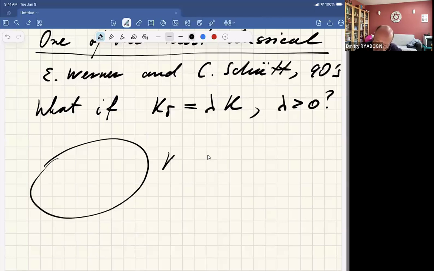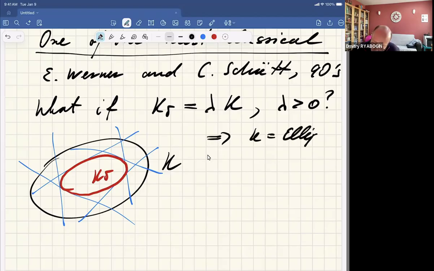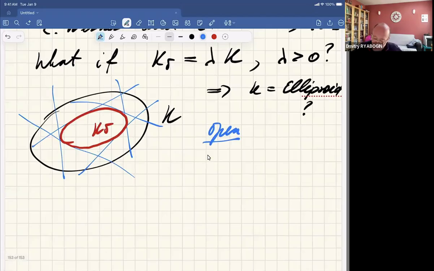So this is K. You chopped off these waters, and then you took the envelope. And there is this K delta, and you are lucky that they look the same. The question is, does it follow that K is an ellipsoid? And this is open in general. And I will say a couple of words about this question. I have 4 minutes.